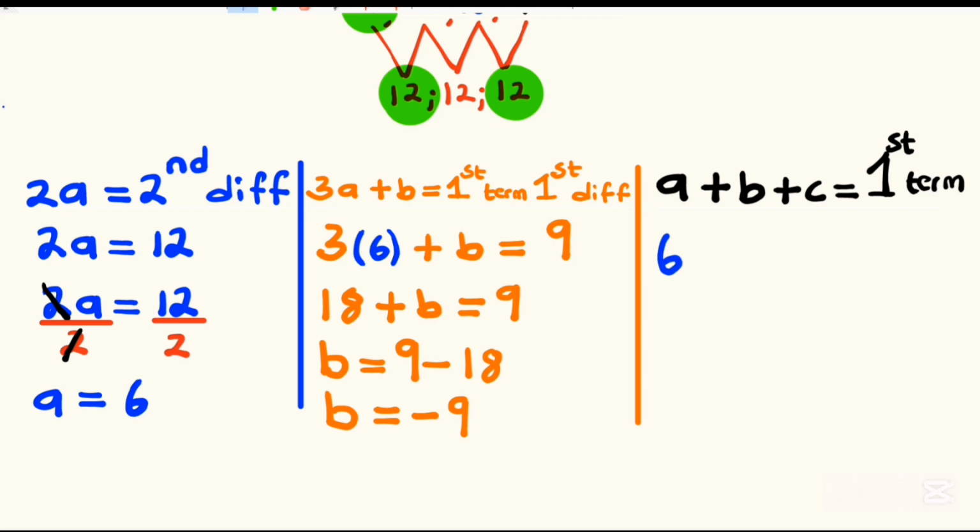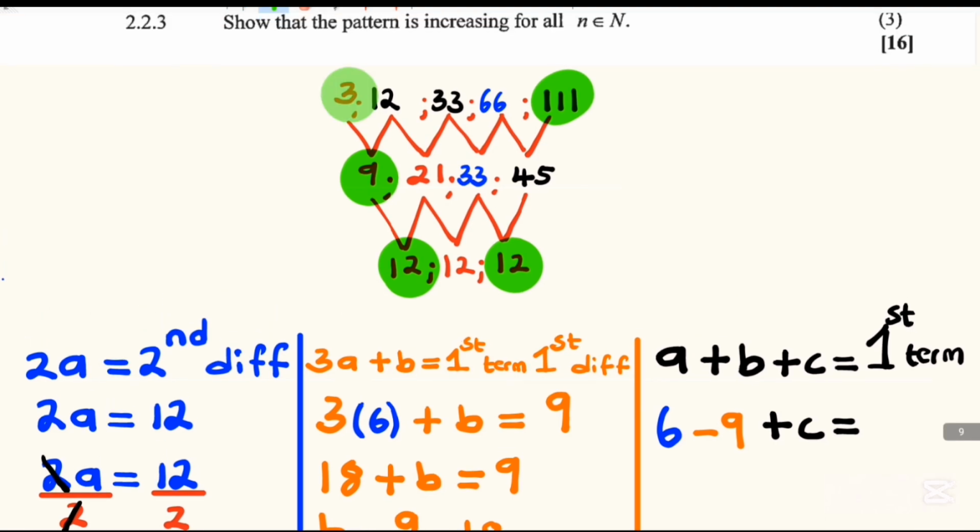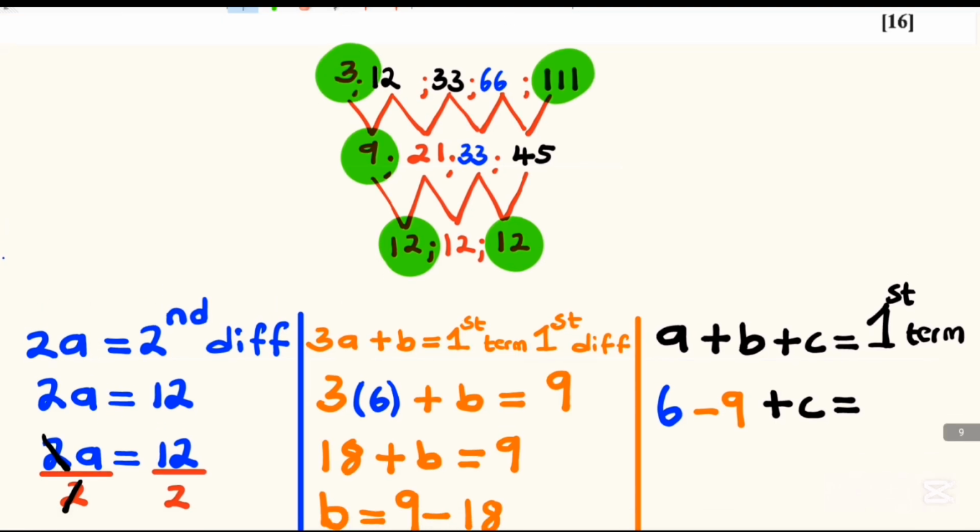We determine that a is equal to 6 and that b is equal to negative 9, and we have to determine c. The first term of this quadratic number pattern is equal to 3.